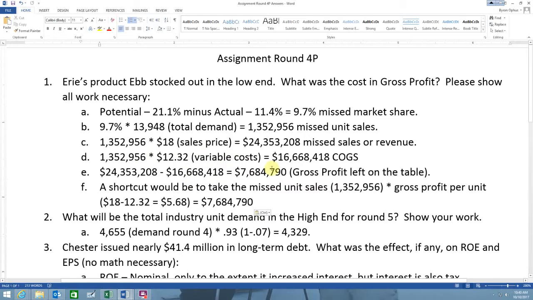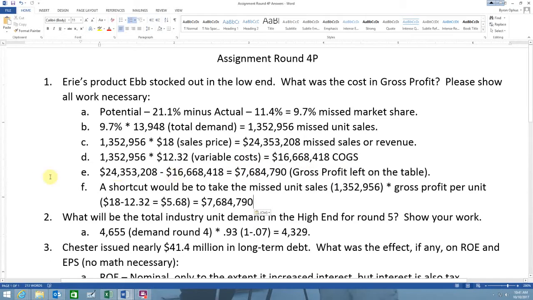So my total variable cost, if I take again the missed unit sales, the total cost of goods for those missed unit sales would have been $16,668,000. So all I have to do then is subtract the two, and I come up with about $7.7 million in gross profit left on the table.